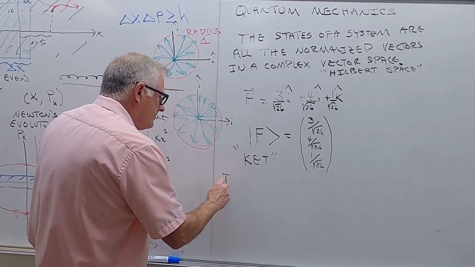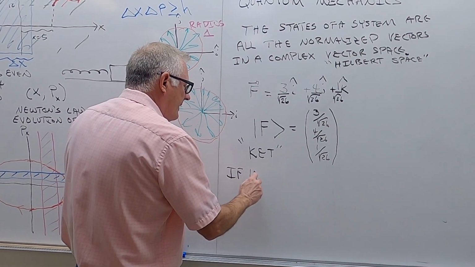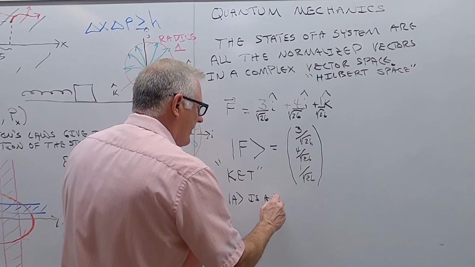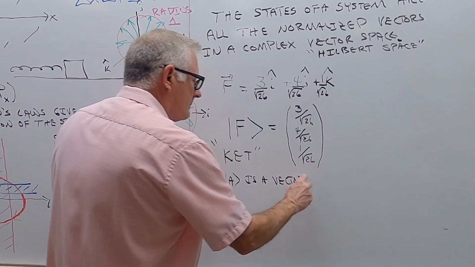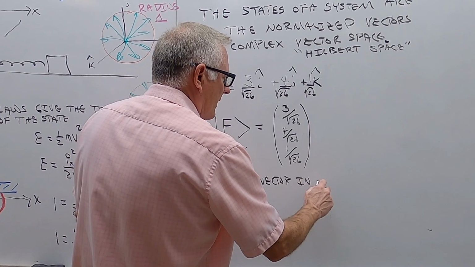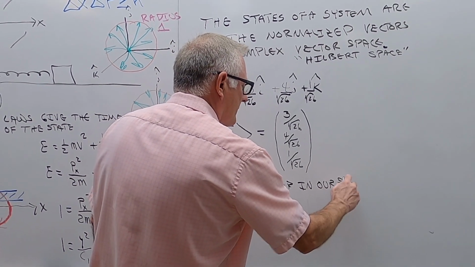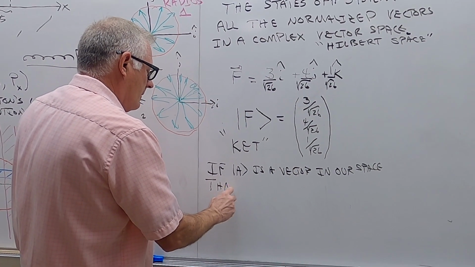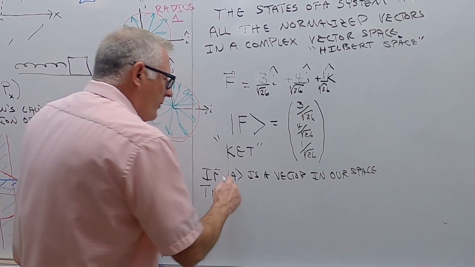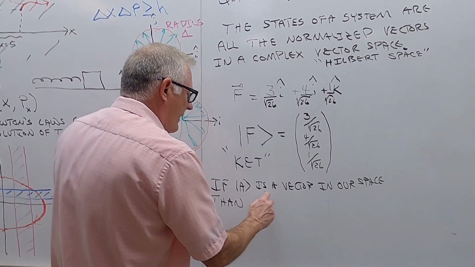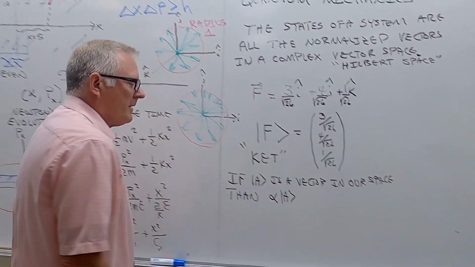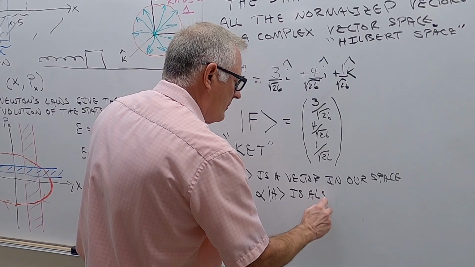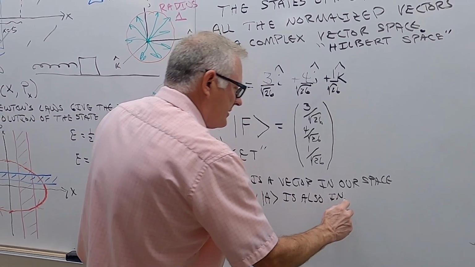If A is a vector in our space, then if we multiply it by a constant, say alpha A, it is also in our space.